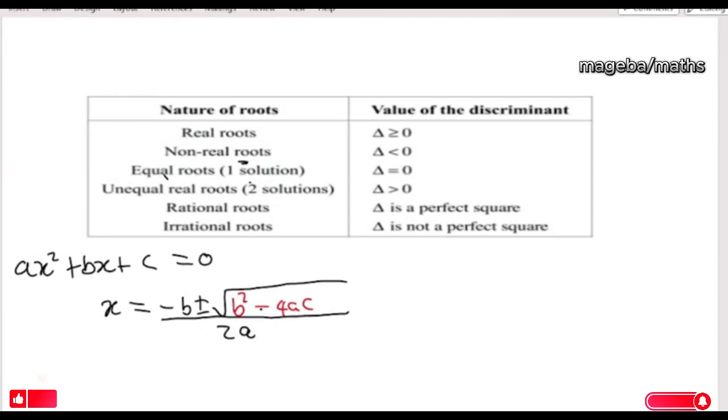2a. Now, why did I write this in red? Because in order for us to determine the nature of roots, we use this b squared minus 4ac. Then what do we call that?